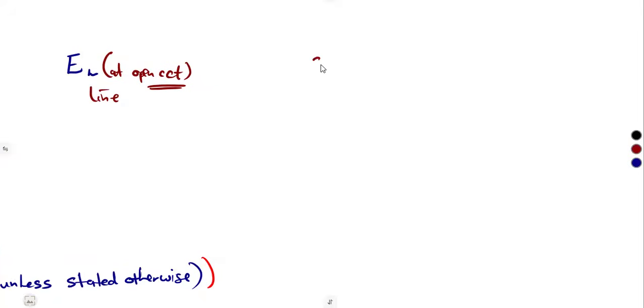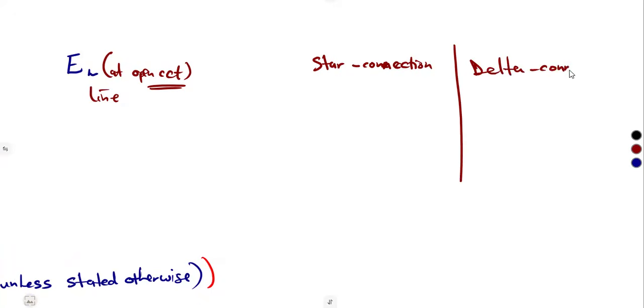So remember your connections, guys. Are we working with a star connection, or with a delta connection? In a star connection, the line voltage, EL, is equal to the square root of 3 times the phase value.